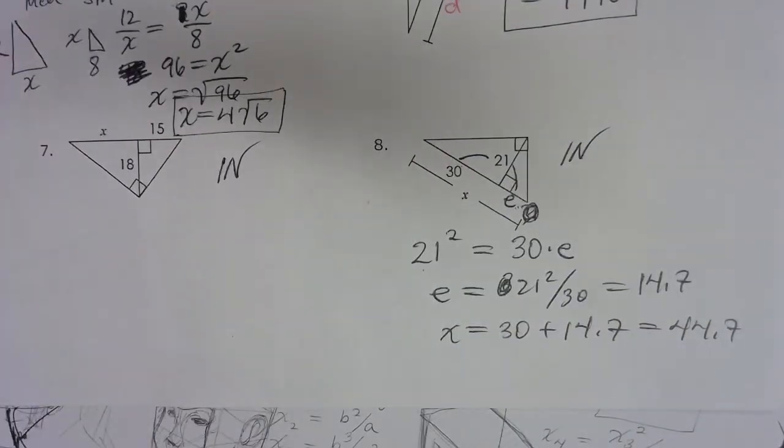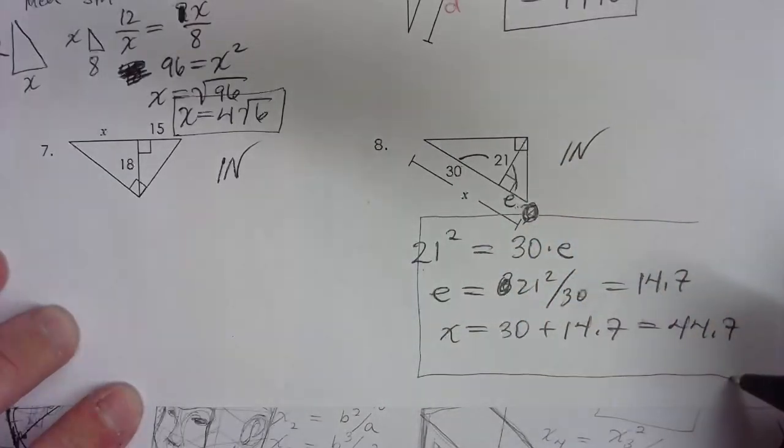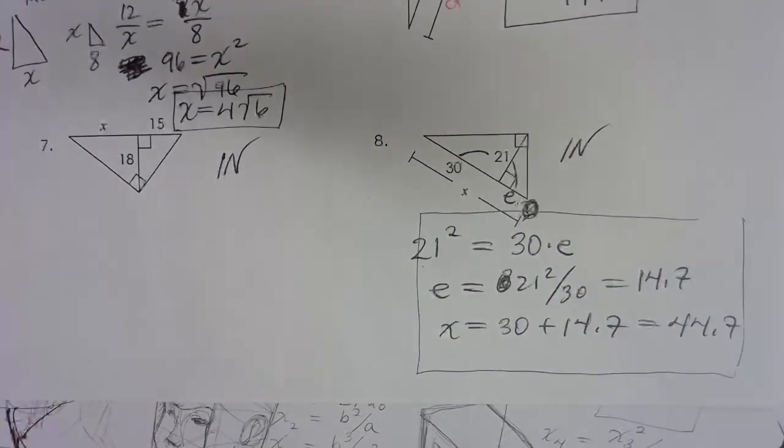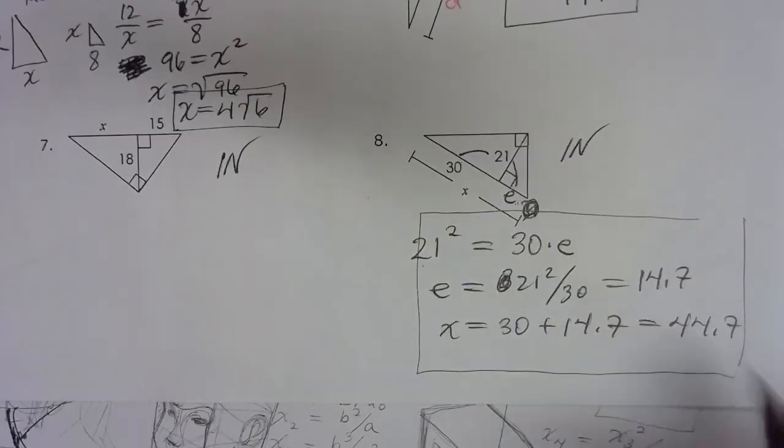Alrighty? Well, if you solve it this way, this is the way that it works. I had a student earlier, though, do this. So we can see there is an answer. We see x is 44.7, and that makes sense.